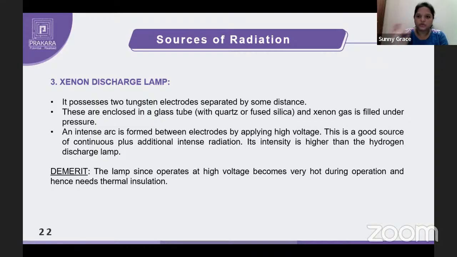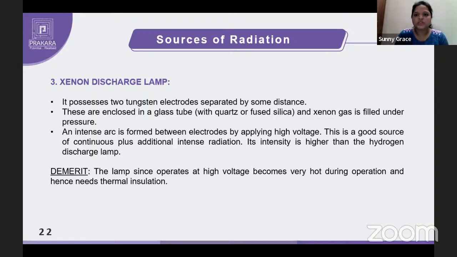This is a good source because it gives a continuous spectrum. In UV visible spectroscopy, you will be getting continuous spectra, right? You will not observe discontinuous lines like in mass spectrometry. That is why the xenon discharge lamp helps us: it gives good radiation, and a continuous source of energy is available with high intensity.